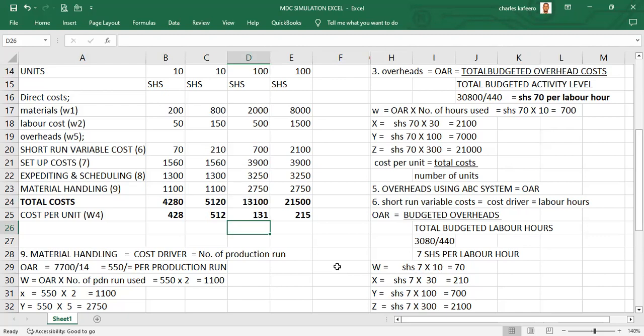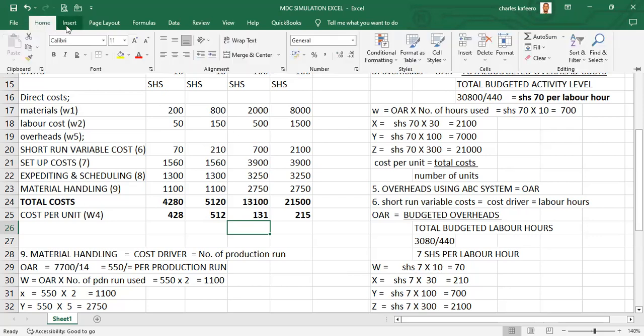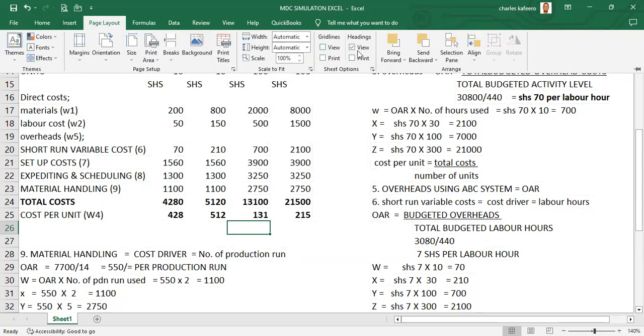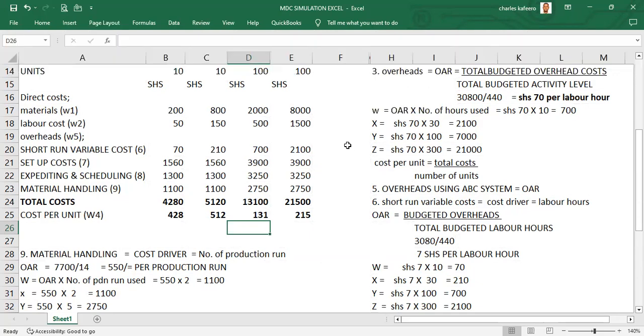But just like I said, some of the things they are going to ask for is advice. Most of the times they're asking for advice. So maybe I can remove the grid lines and you'll be able to see everything clearly.